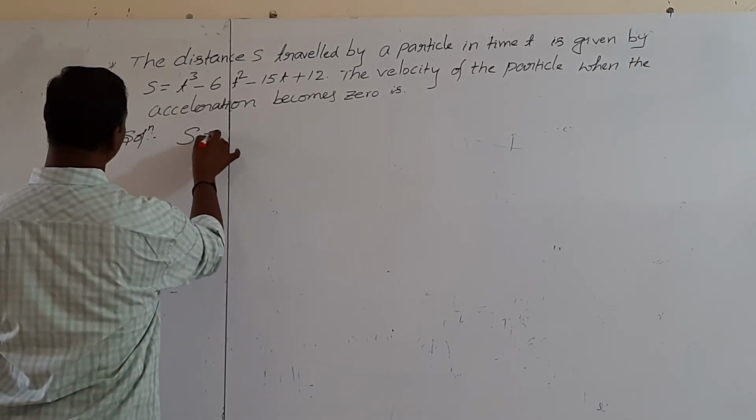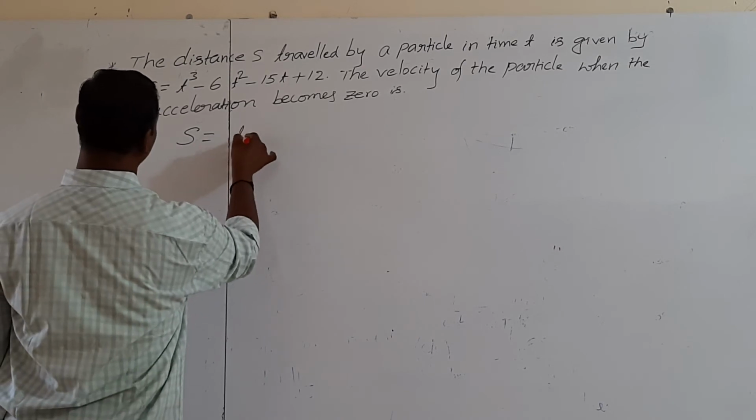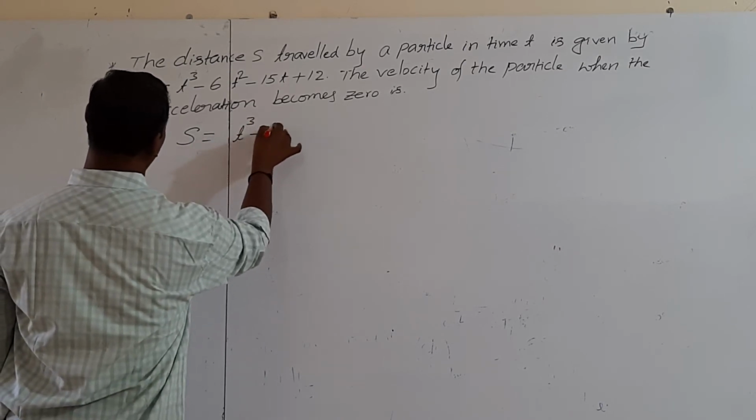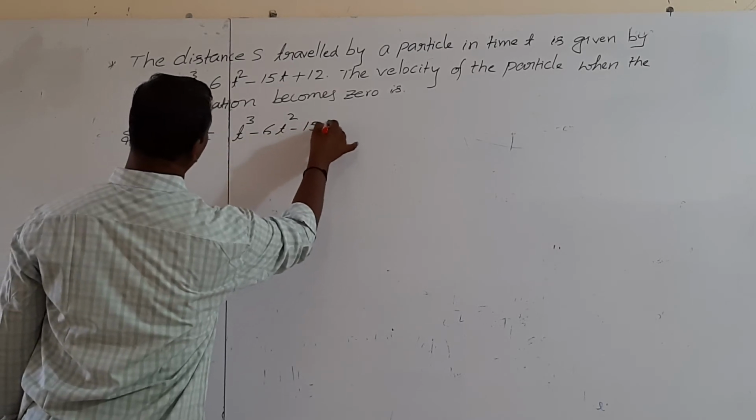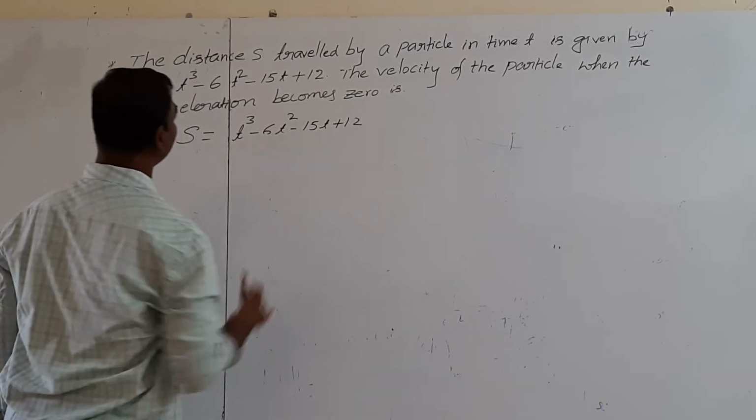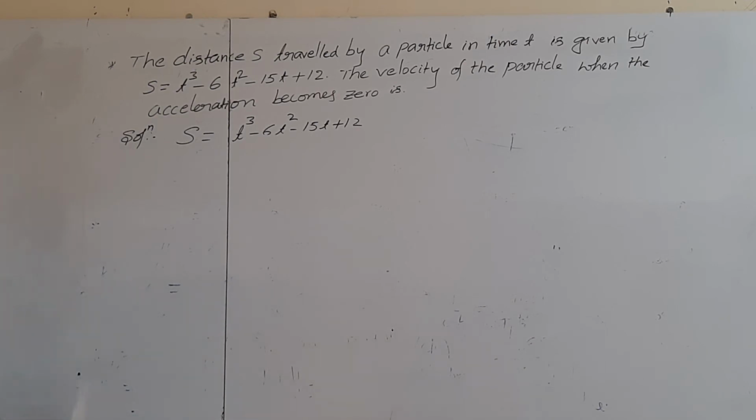Given S is equal to t raised to 3 minus 6t square minus 15t plus 12. Now what is he asking? Find the velocity of a particle when the acceleration becomes 0.